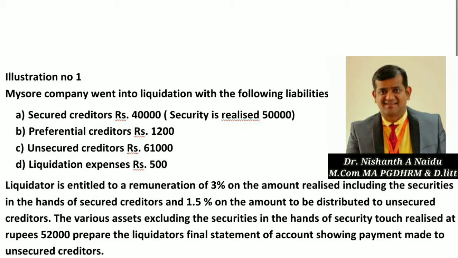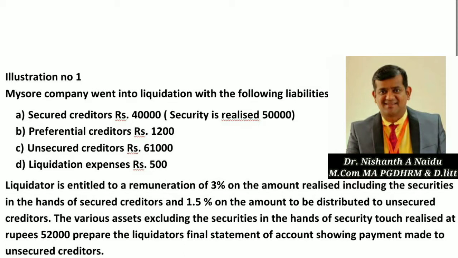Liquidator is entitled to a remuneration of 3% on the amount realized, including the securities in the hands of secured creditors, and 1.5% on the amount to be distributed to unsecured creditors.